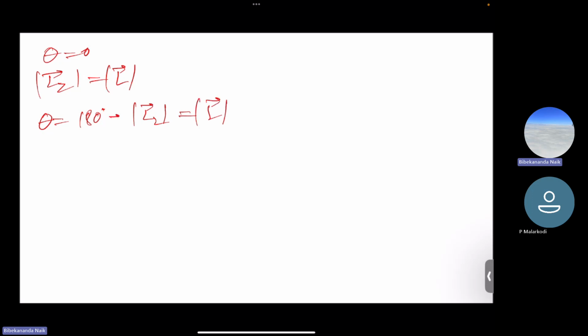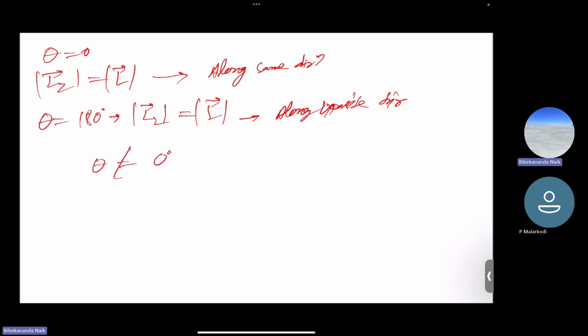In the first case the direction is the same, and in the other it is the opposite direction, but both of these are not feasible, that is, it can't be 0 degree or 180 degree.